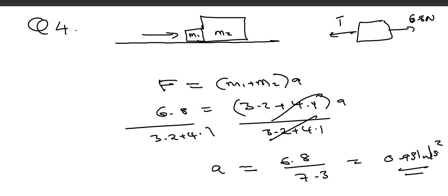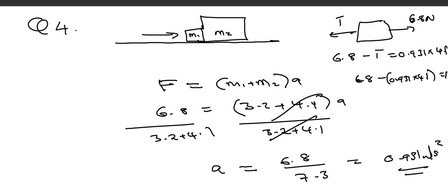Let's call this force the tension. So we're going to say 6.8 minus the tension is equal to our acceleration 0.931, then multiplying the mass, which is 4.1. So we can take this on the other side, that's 6.8 minus 0.931 times 4.1 is equal to the tension.